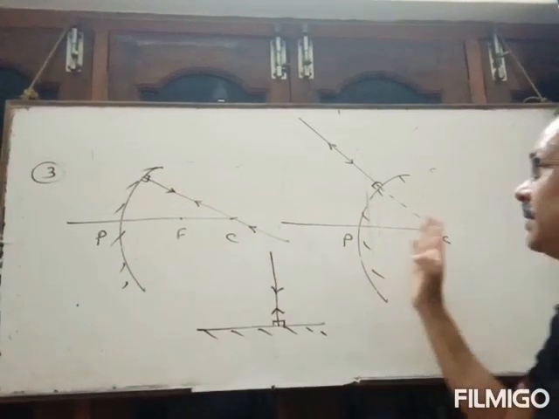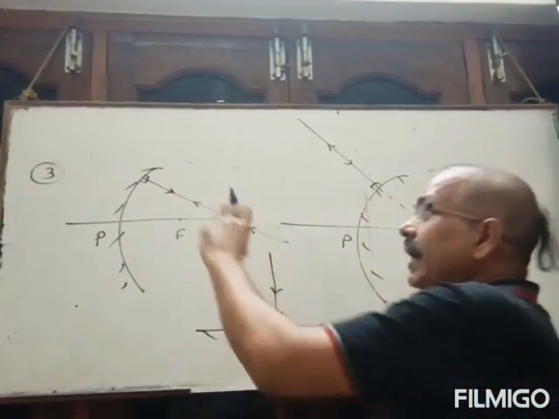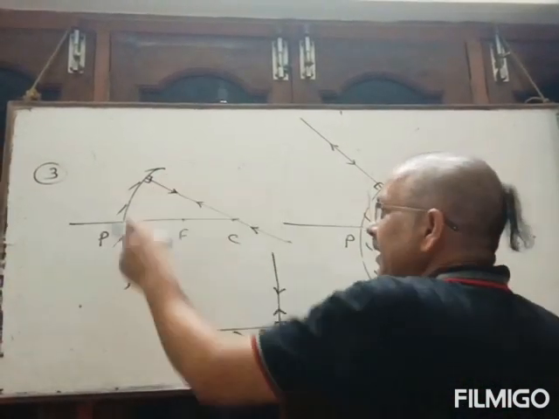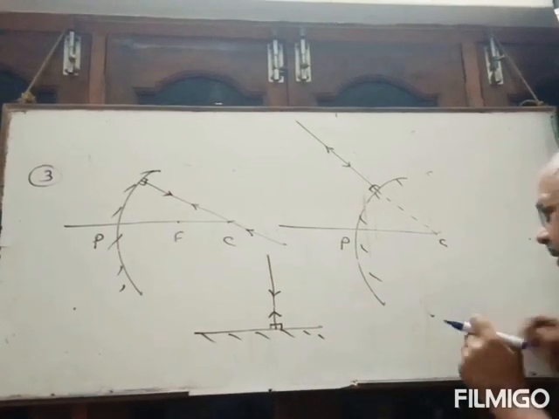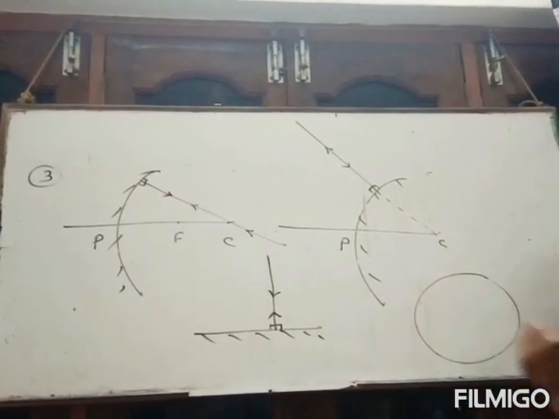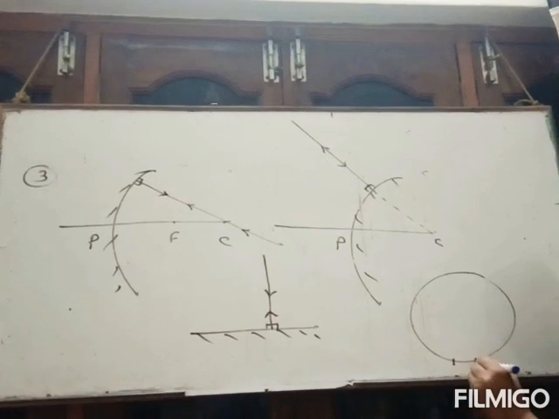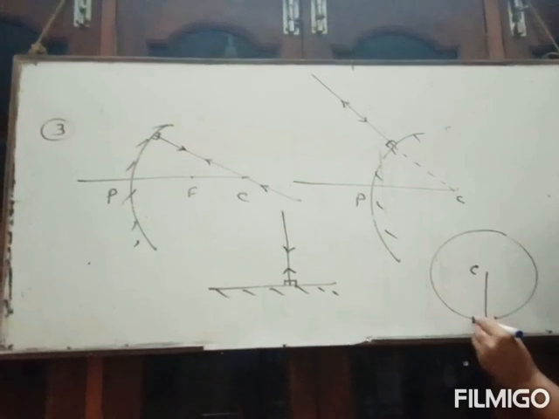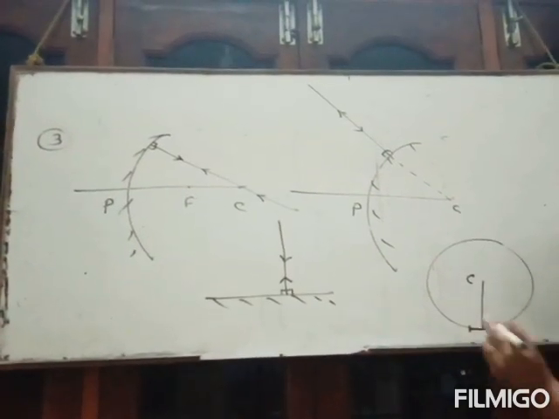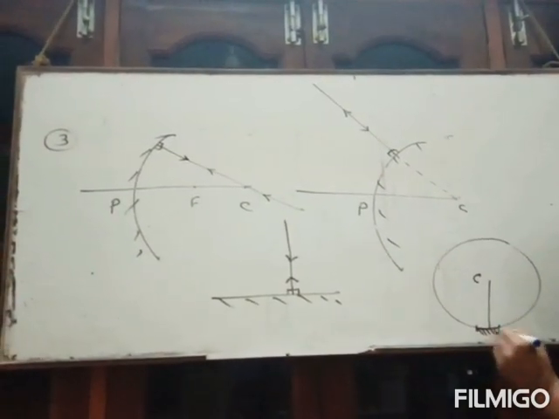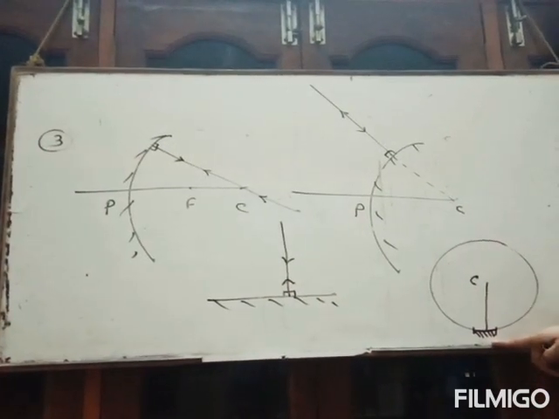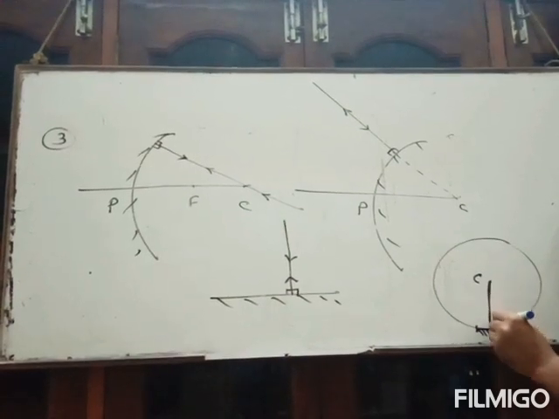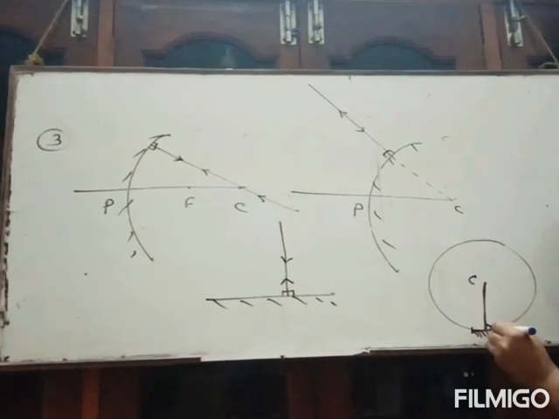And a spherical mirror may be supposed to be a plane mirror when the size of the mirror is very small, so this spherical mirror may be supposed as a tangent. Suppose if it is a spherical mirror, and we take a very small segment of this mirror, this small segment may be supposed as a tangent. And as you know, a tangent is always perpendicular to the radius.